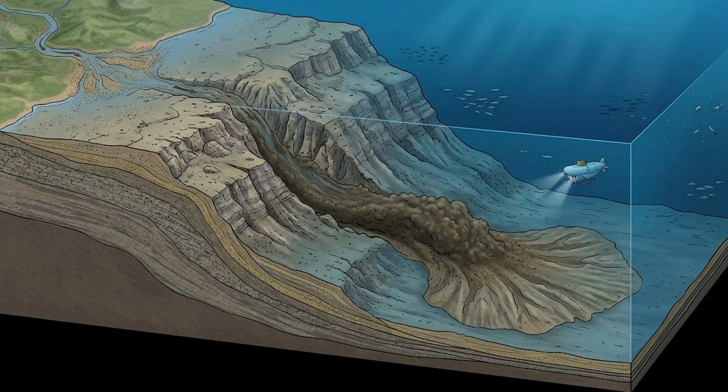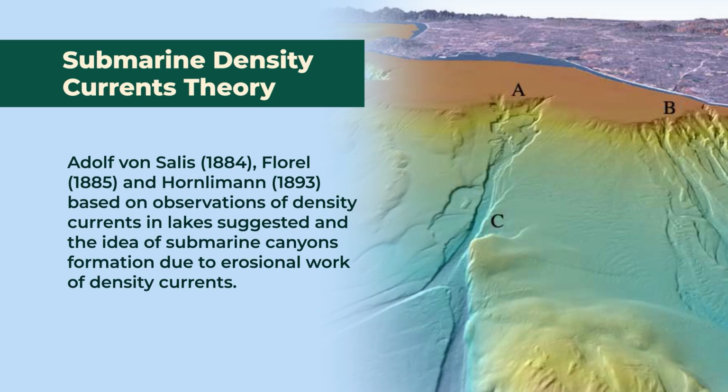submarine canyon formation. Adolf von Sales in 1884, Florel in 1885, and Hahnemann in 1893 propounded this idea based on observations of density currents mainly in lakes, and they suggested this idea of submarine canyons formation due to erosional work of density currents.